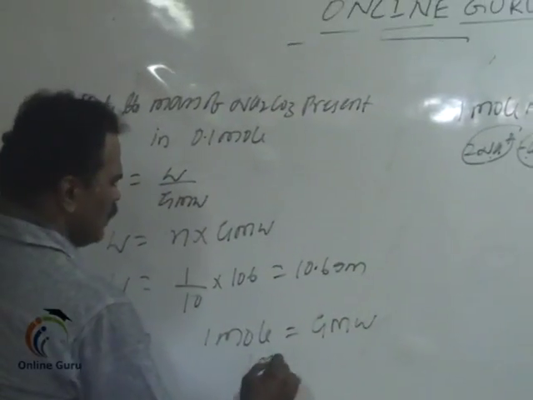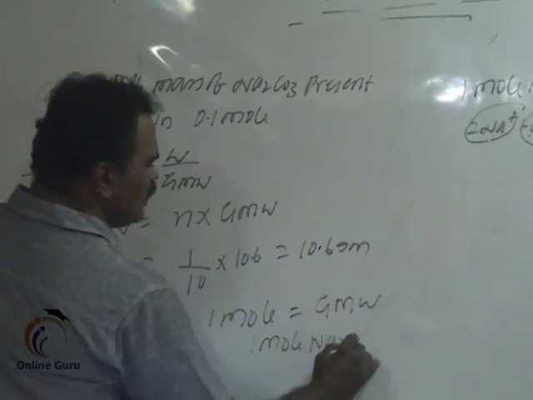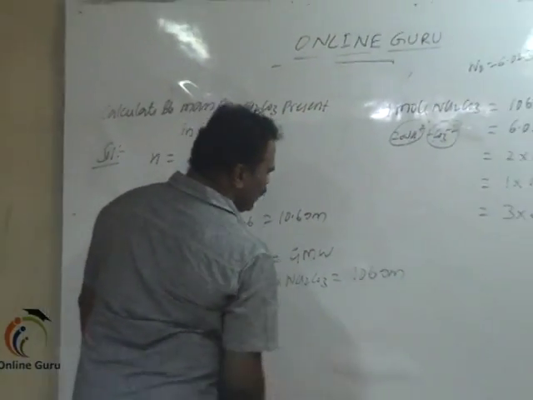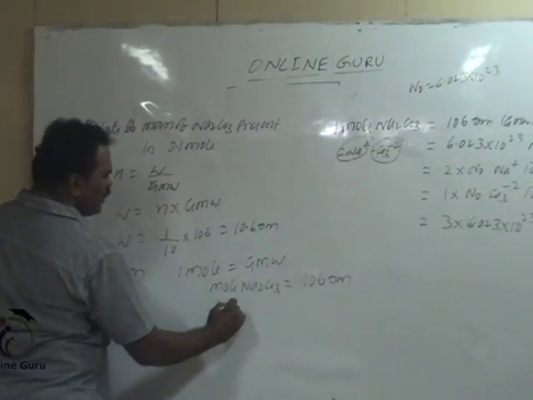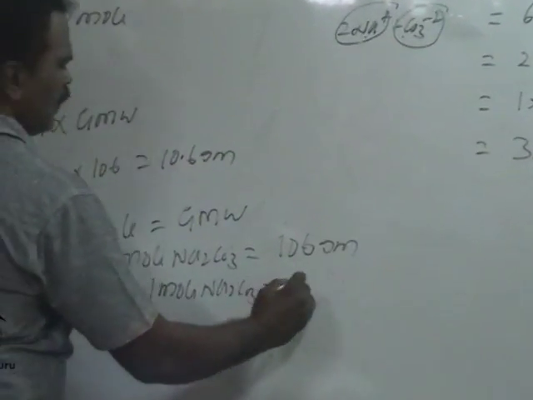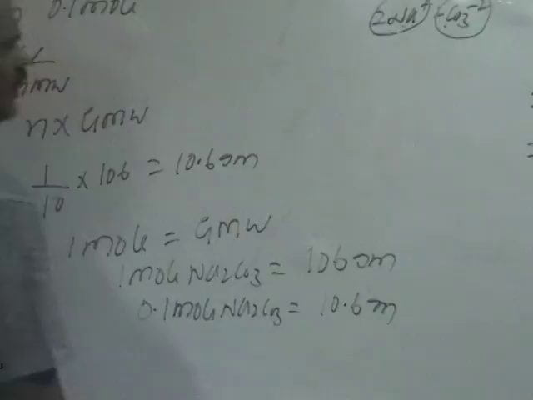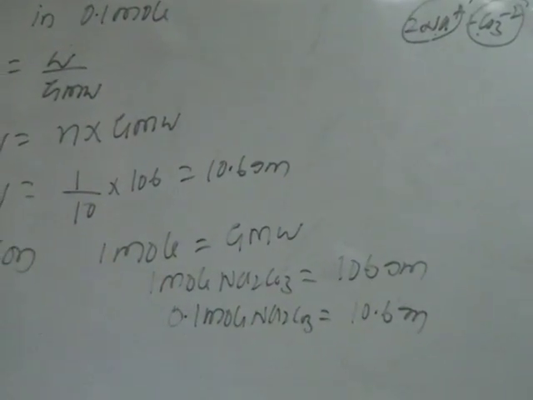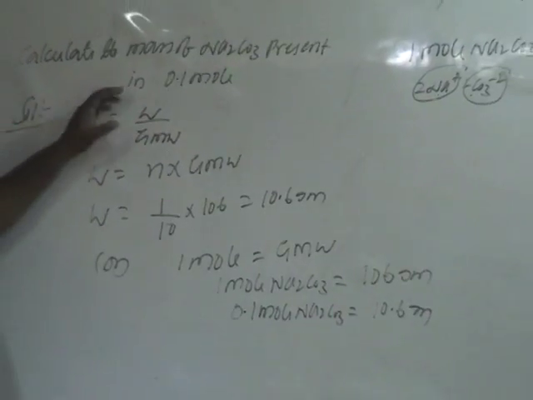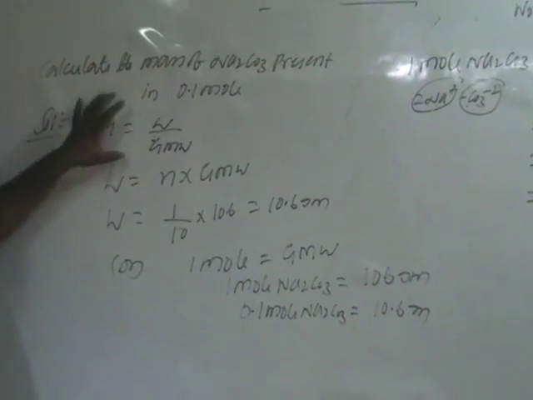So 1 mole Na2CO3 has 106 grams, then 0.1 mole Na2CO3 contains 10.6 grams. So this is the calculation of the mass of the substance when the number of moles is given.